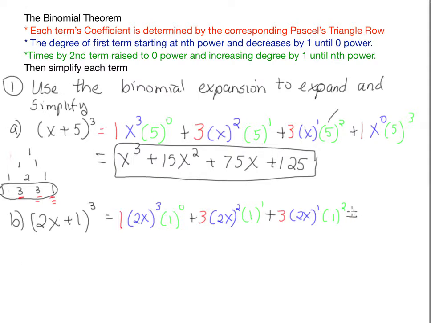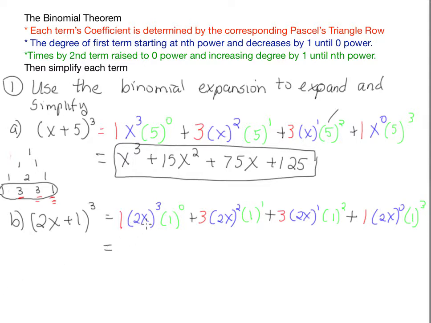Plus, now we're on to the last term in our Pascal's row, so that's going to be a coefficient of 1. Our first term in our binomial was 2x, and we're going to raise that to the 0 power. And then we have 1 raised to the third power.